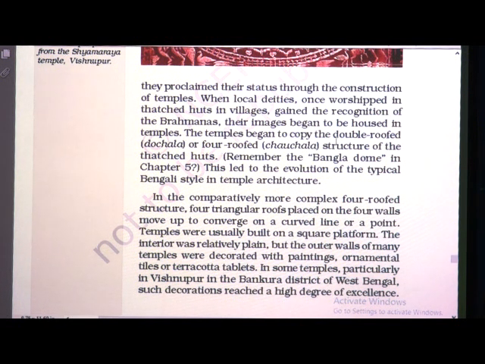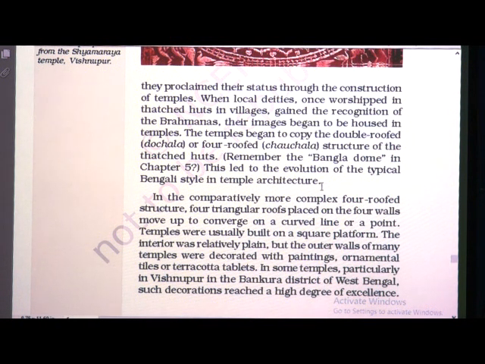The temples began to copy the double roofed Dauchala and four roofed Chauchala structure of the thatched huts. Remember the Bangla dome in chapter 5. This led to the evolution of a typical Bengali style in temple architecture.